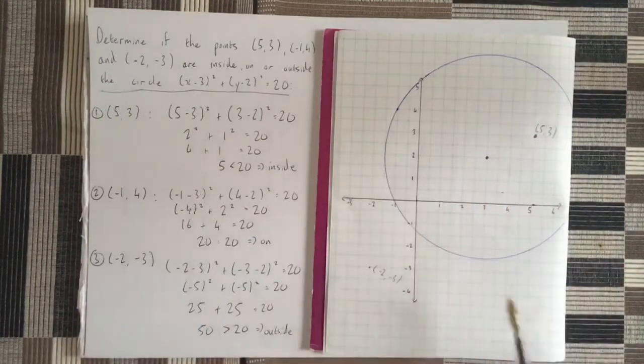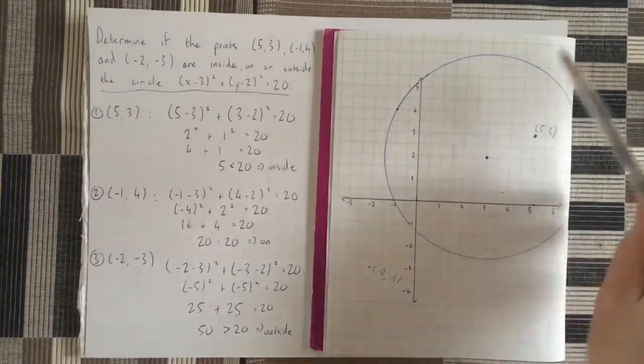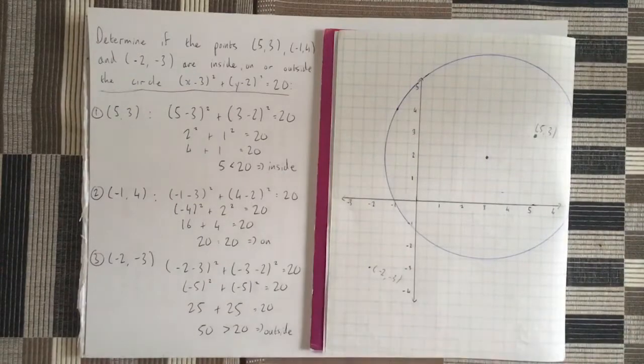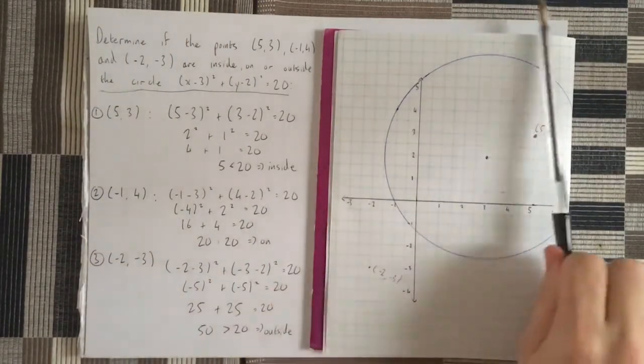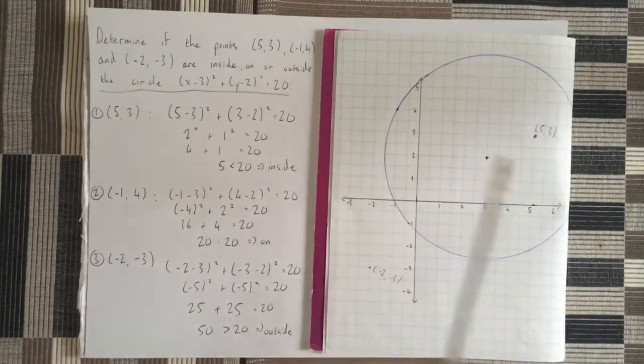You could sketch the circle and plot the point and see if it's inside or outside. But over here is much quicker. And a question could say, do it algebraically as well. So this is the way to do the questions. This is just showing you what it all means, to say inside, on, and outside. And minus 1, 4 we can see is this one here. That's on the circle.